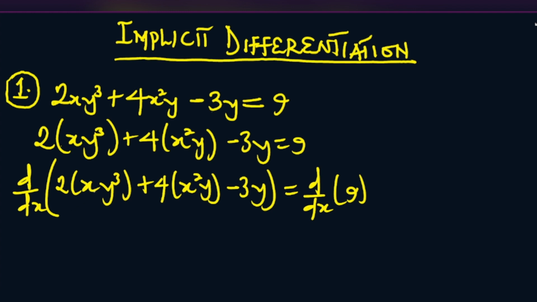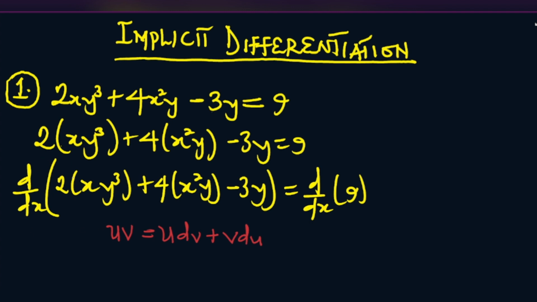Now, differentiating this using product rule, what does product rule state? Product rule states that when we have two different functions multiplying each other, u multiplying v, the derivative is going to be u dv plus v du. So here, we are going to treat x as u, then treat y cubed as v.